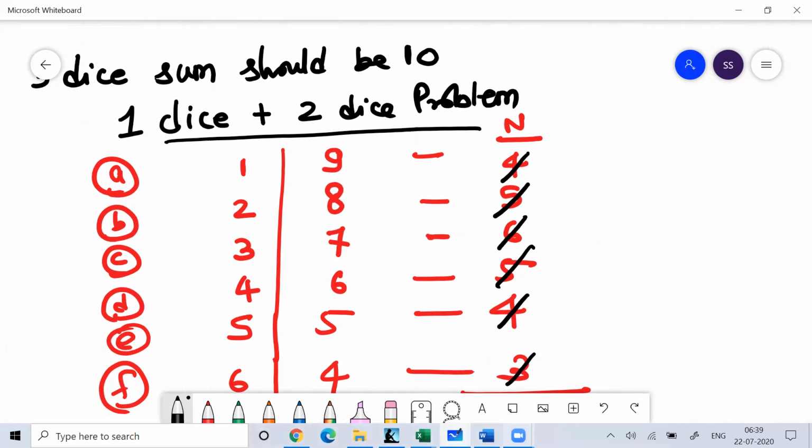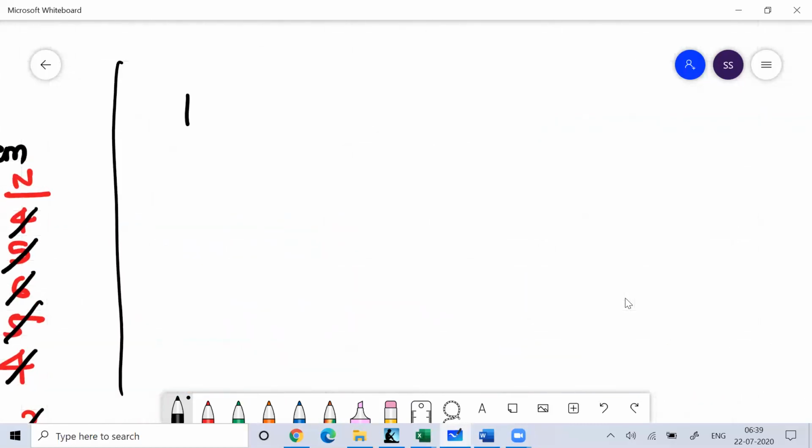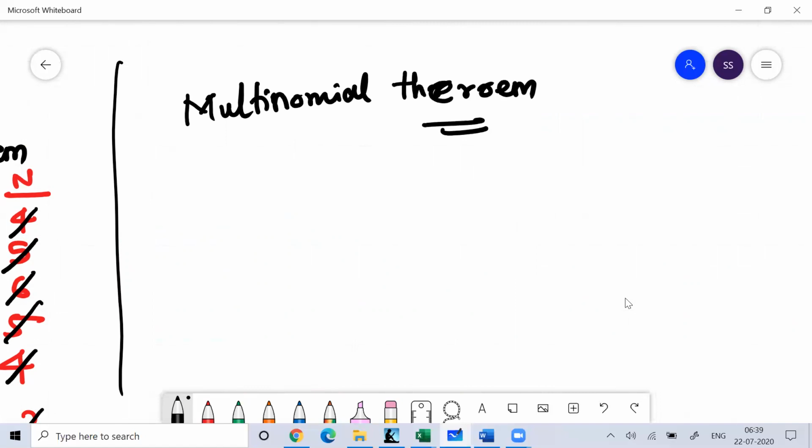In order to do that, we'll apply the multinomial theorem. The same problem can be solved by applying the multinomial theorem. You can use the multinomial theorem to solve these kinds of problems. So basically, what happens? The partition rule, which I discussed in the first session.